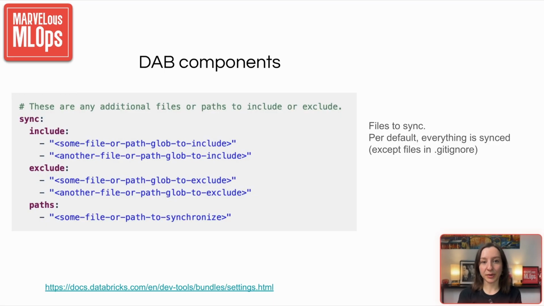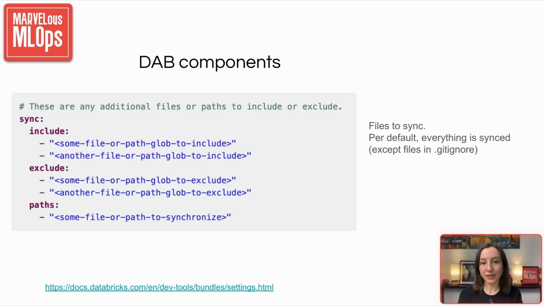This part of the bundle config controls which files are synced to the Databricks workspace during deployment. By default, everything in your directory is synced, except anything listed in your .gitignore file. But you can customize this behavior using the sync block. Include explicitly includes files or folders, even if they would be ignored otherwise.